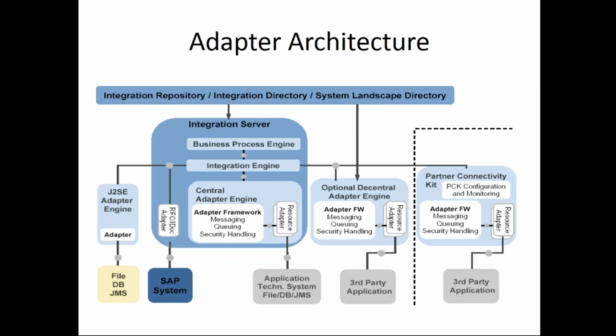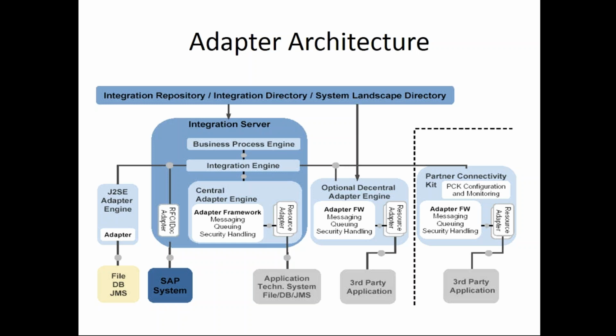If I want to send my data in the format of mail, then I have a mail adapter. If I want to send my data directly to one of the databases, then we have a JDBC adapter. So there is a list of adapters which are provided by SAP in PI.